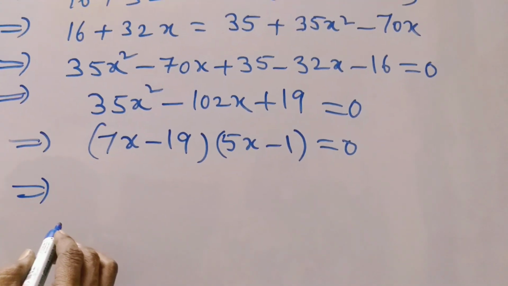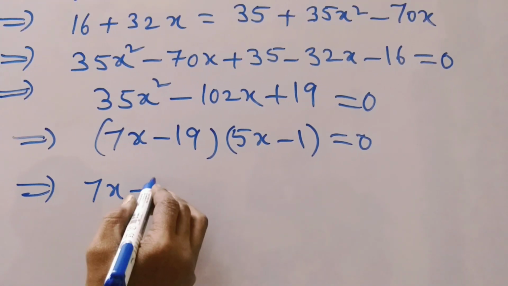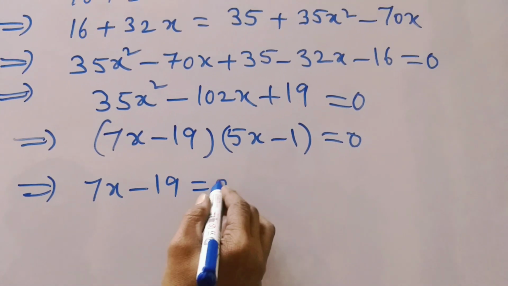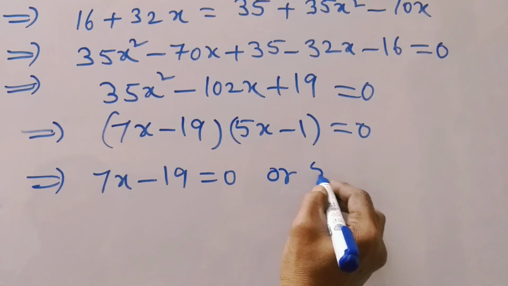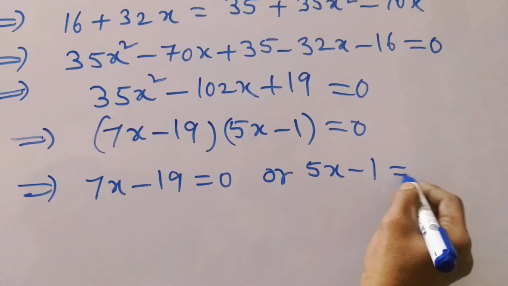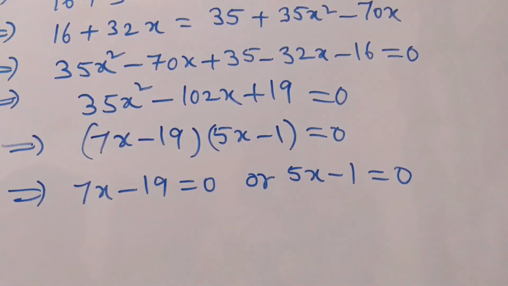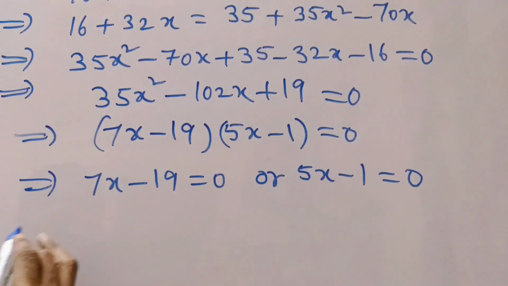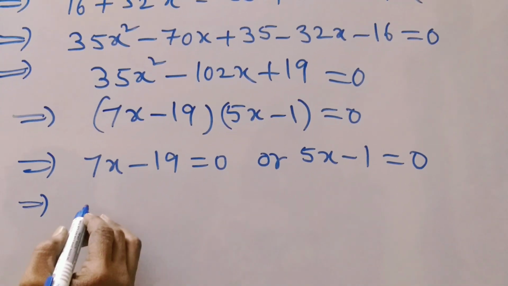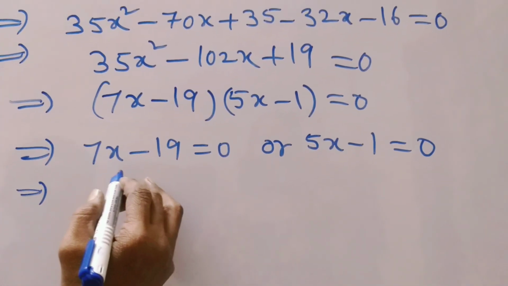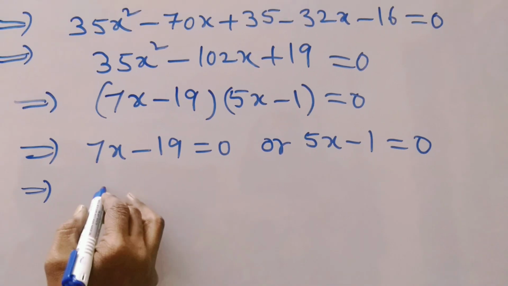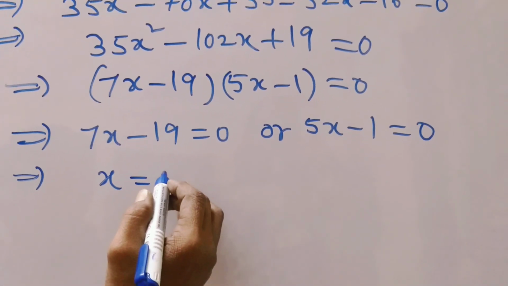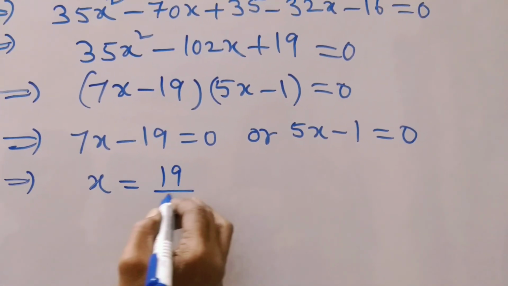So 7x minus 19 is equal to 0, or 5x minus 1 is equal to 0. From 7x minus 19 is equal to 0, x is equal to 19 by 7.